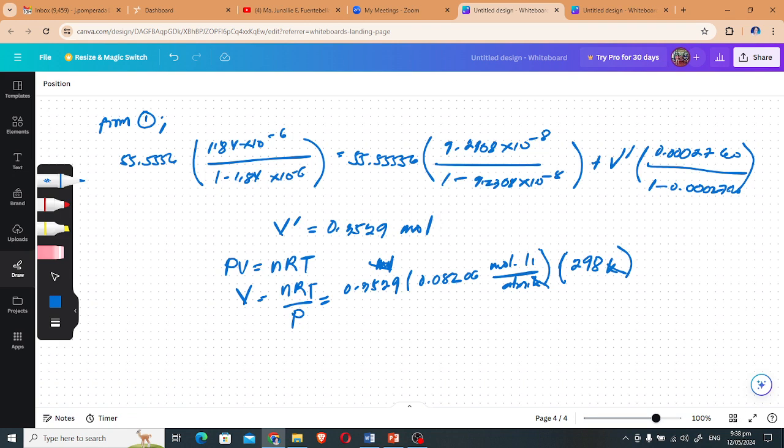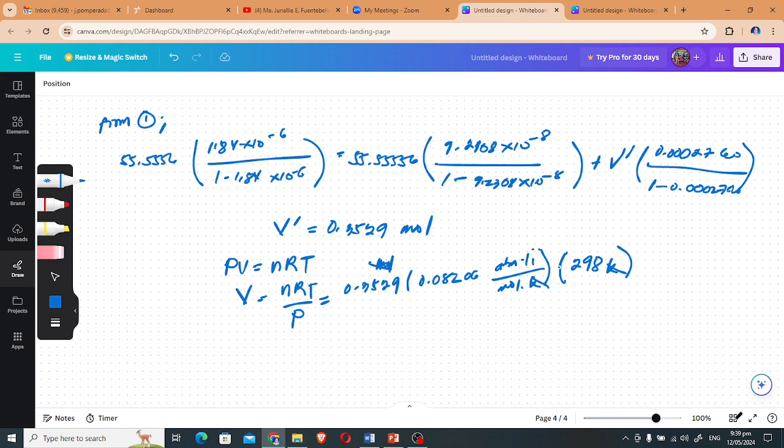I got the units here interchanged. So this should be liter atm per mole Kelvin.